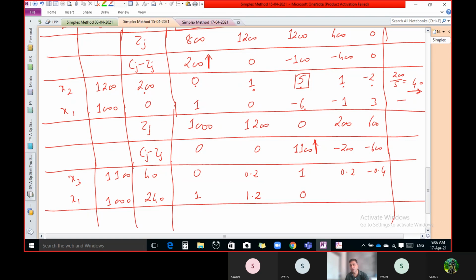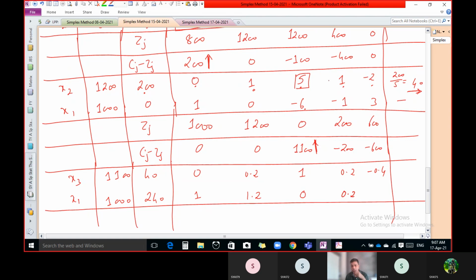Now to calculate this one, minus 1 minus what? This 1 and this minus 6. Multiply these two, we get minus 6, divide by 5, we get minus 1.2. So minus 1 minus minus 1.2 becomes minus 1 plus 1.2.